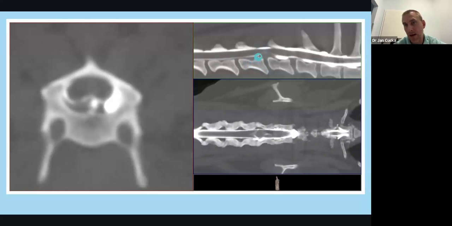In my eyes, more than 50% of the channel is compressed by disc extrusion. So this is C5, this is C6, and that was the diagnosis. Here is a different view, the transverse view, and you can see how big the compression on the ventral part is.